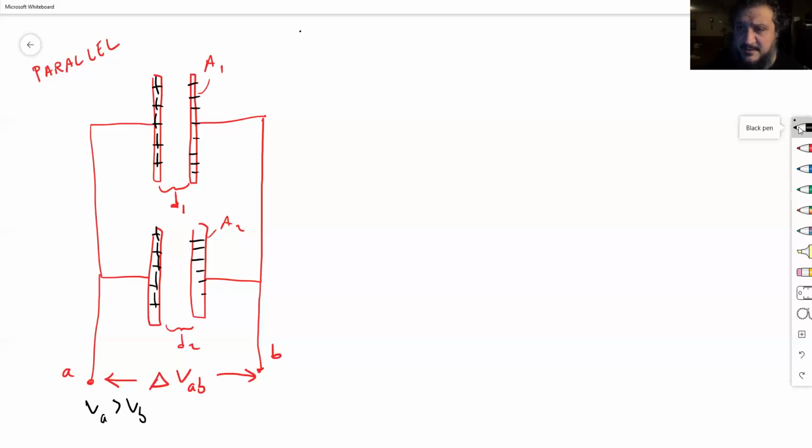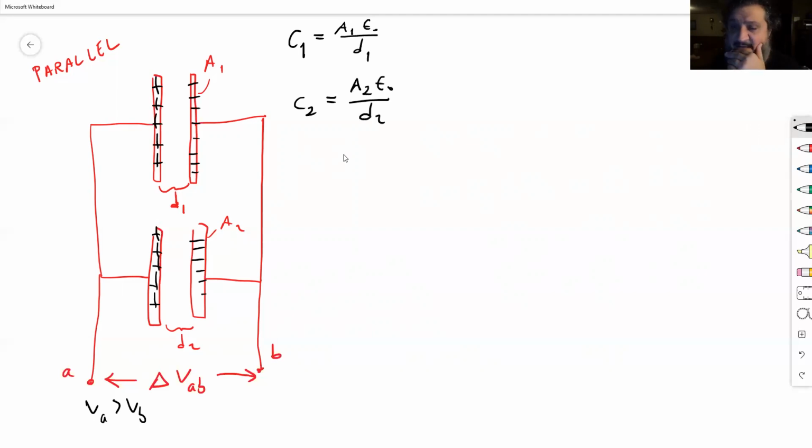So we have the capacitance for the first one, C1, which is equal to A1 epsilon 0 over D1, and then C2 is similarly A2 epsilon 0 over D2. So let's call the charge here Q1, and this will be Q2.